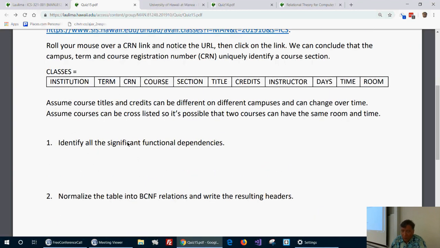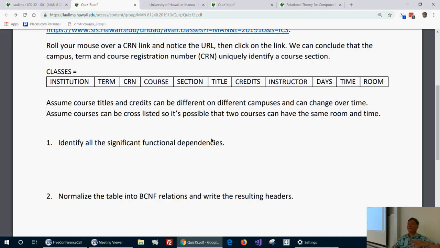Okay, so I'd like you to identify all the significant functional dependencies. If you look at the questions in the back of this chapter, where they ask you to list all the functional dependencies of, for example, the supplier's parts database, there's a whole bunch of them, and that's because he lists all possibilities. He lists a bunch of ones that are really kind of redundant, like SNO determines SName, status, and city.